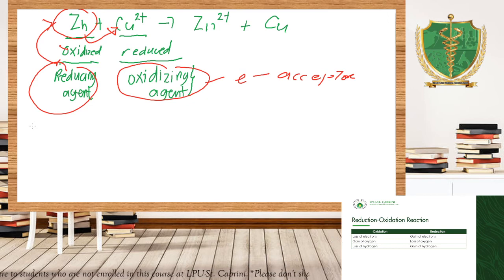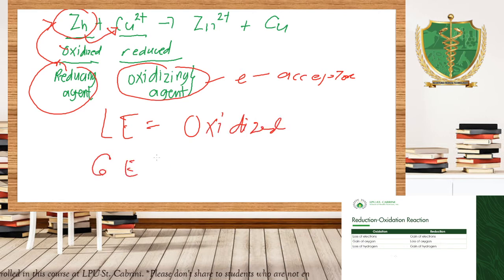And we have what we call the oxidizing agent, a reactant that removes electrons from another reactant. Thus we say, loss of electrons, oxidized.